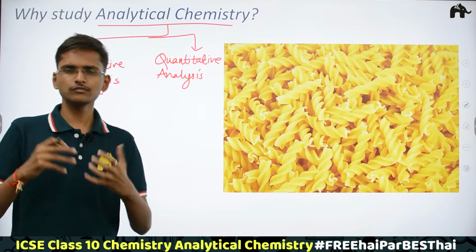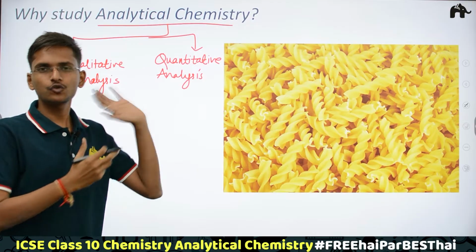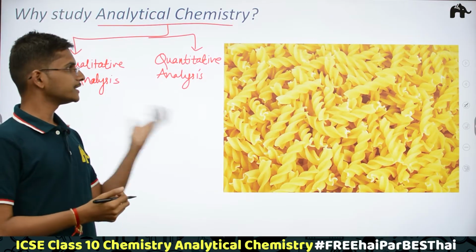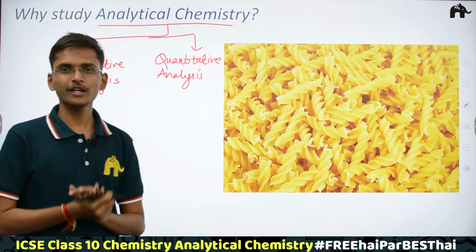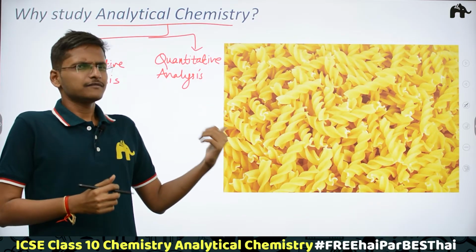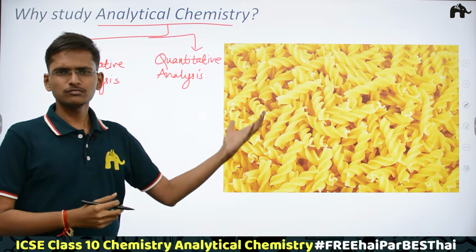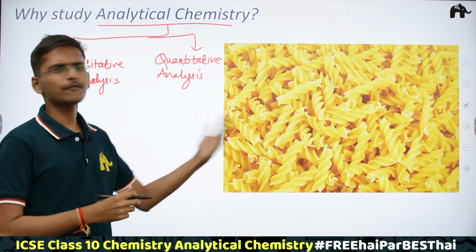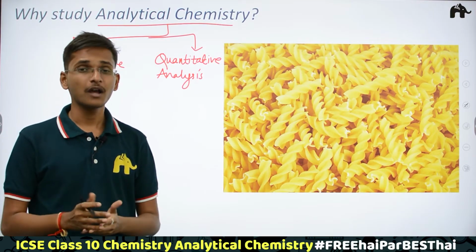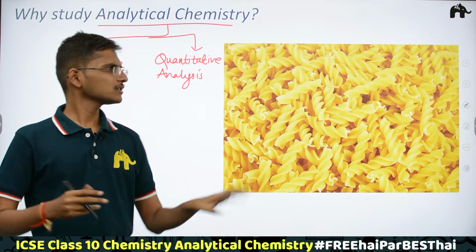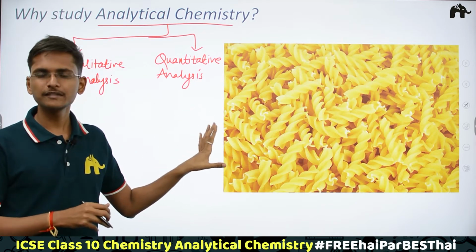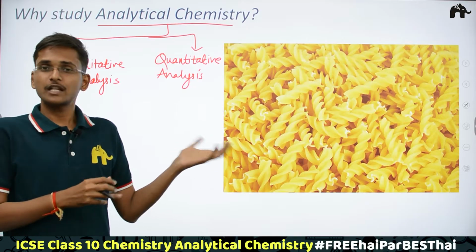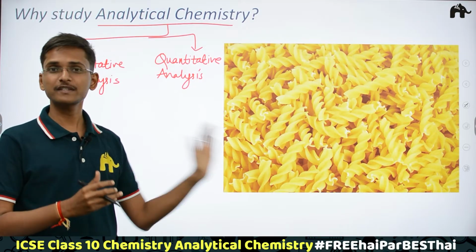Now, how to get hold of these 2 terms, what are they actually? You can see on the screen, I have come now with pasta. Suppose I have to make this and eat because I'm hungry, but before that, suppose a question arises in my mind whether this pasta is safe to eat, whether there are any harmful substances present in it or not.